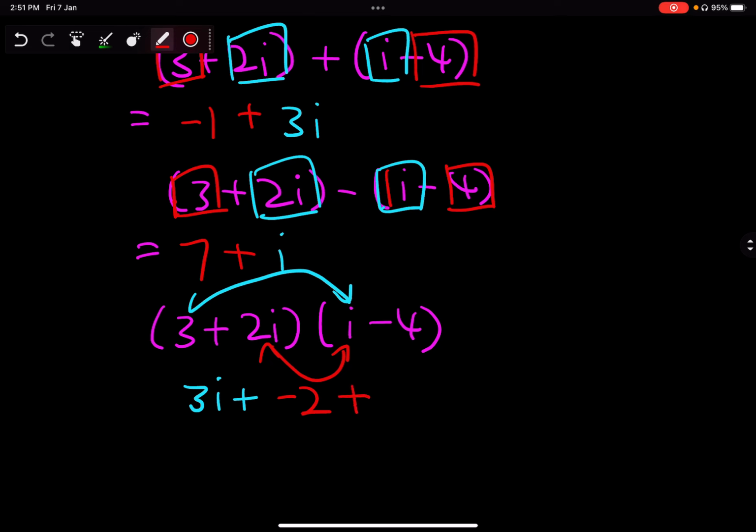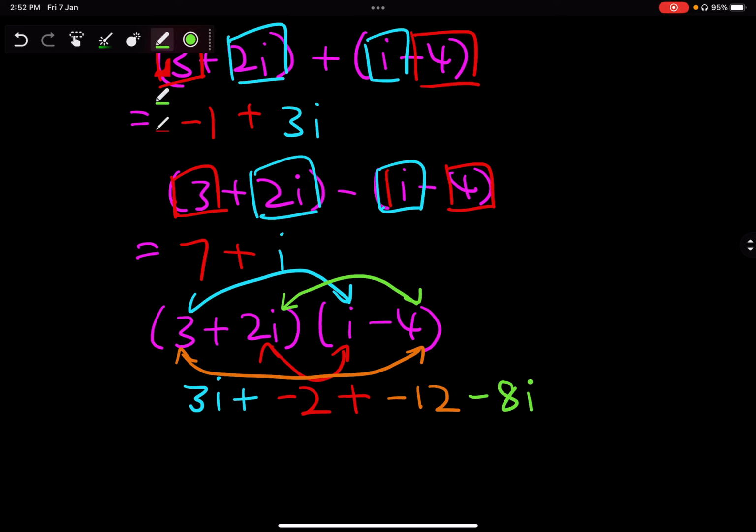And then you multiply the outside brackets, which will give you -12. And then lastly, you can do the inner brackets, which will give you -8i. And then you can simplify this, and then you'll get the answer of -5i minus 14. Hope that makes sense.